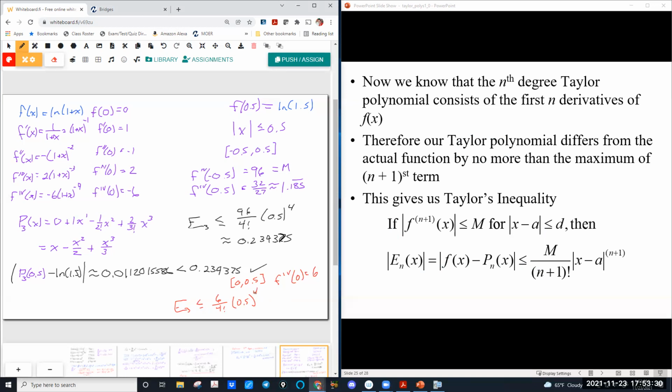And this comes out to be 0.015625, which is still greater than our actual error.